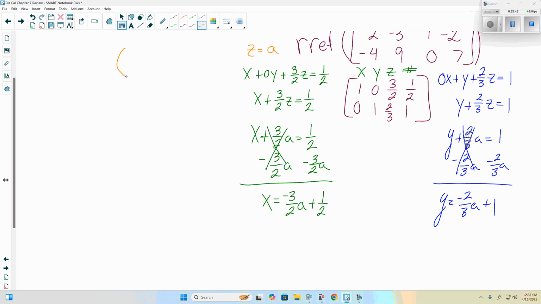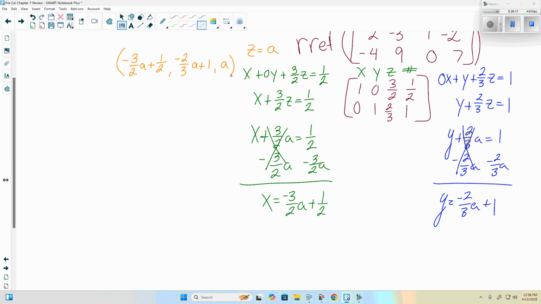And what that tells us is that x is first. Now, unlike most systems where we have a number, a value, here we have an expression. X is negative 3/2 a plus 1/2. Y is negative 2/3 a plus 1. And z is a.